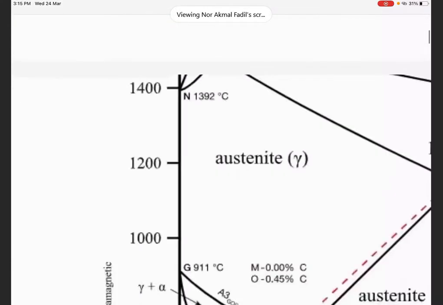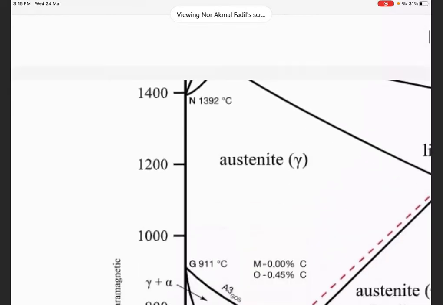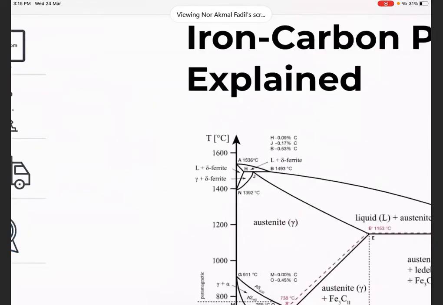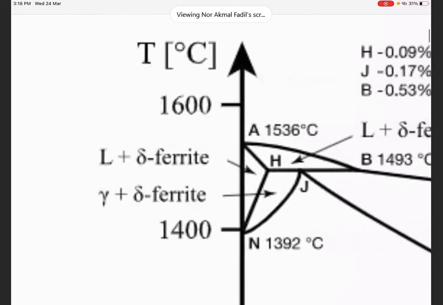At what temperature? 911. And then if you go further to the top at 1400 degrees Celsius, it will change to another symbol, which is delta. You can see delta ferrite here.